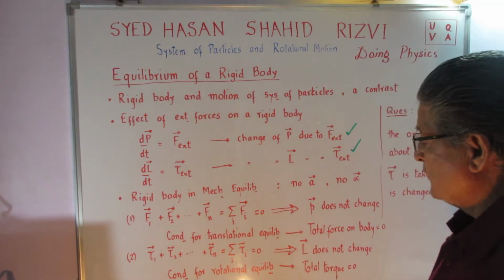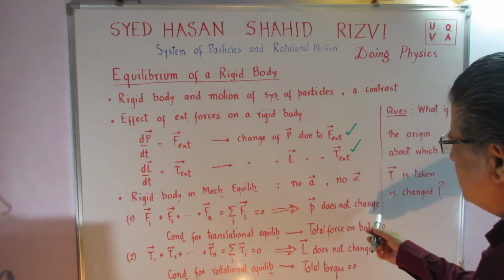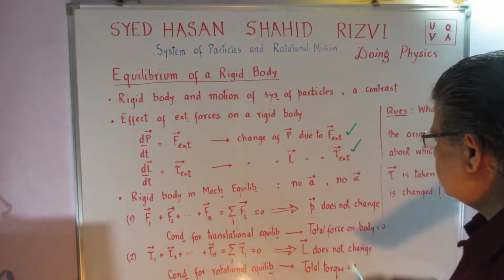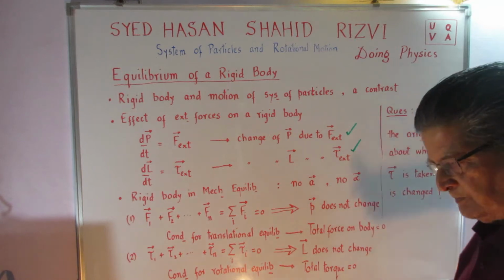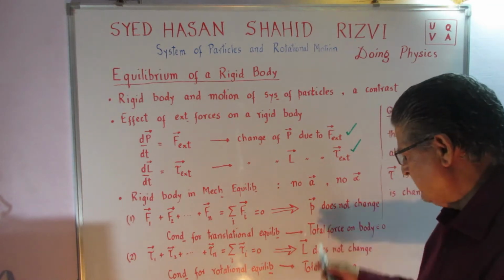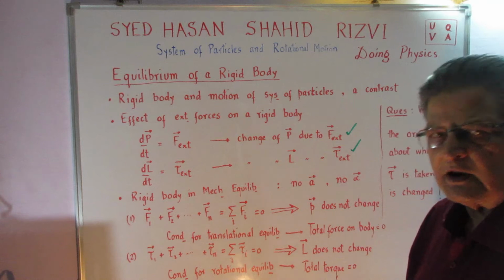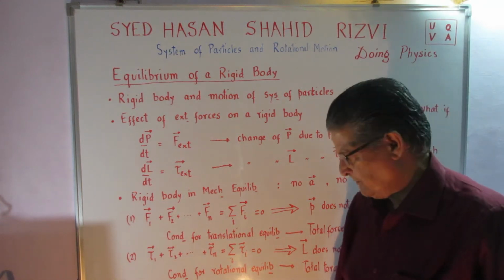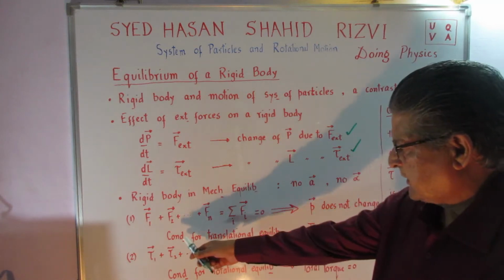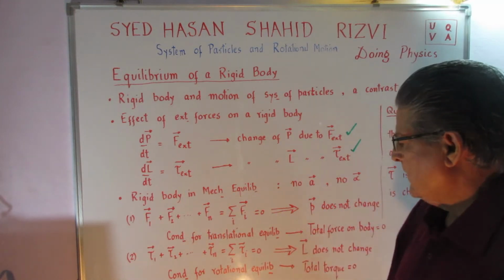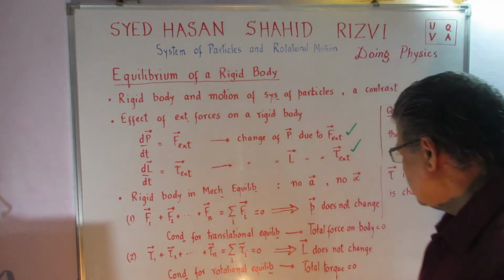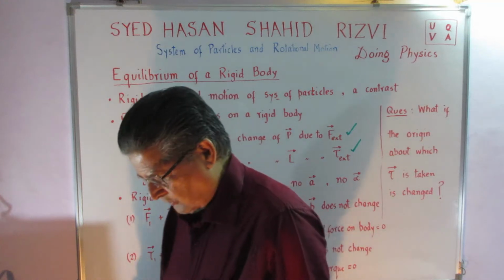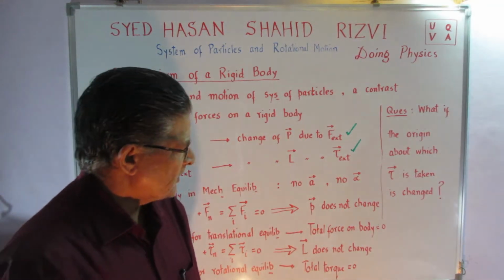I am repeating this to build up the subject: P does not change. If a vector quantity is not going to change, then all its components along the XYZ directions will also not change. So this is the condition for translational equilibrium: the total force acting on the body is equal to 0.